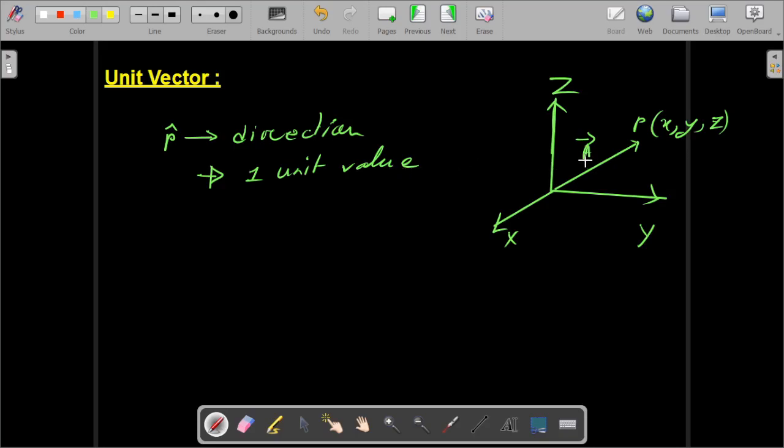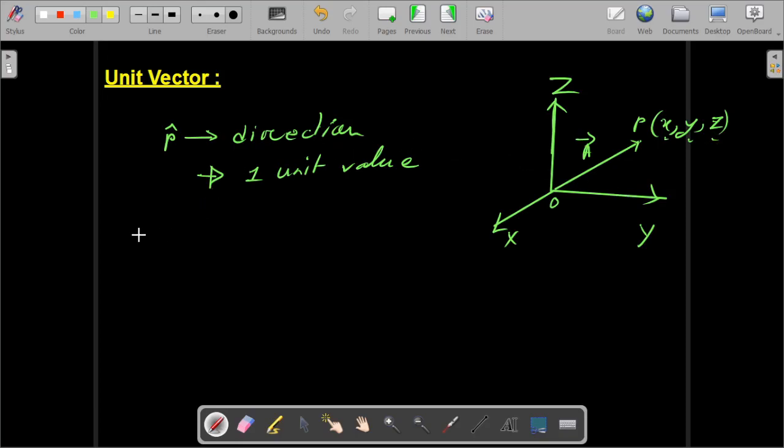Suppose we are given one position vector, the point P. This position vector is A. Suppose the point is here. The displacements in the direction of x, y, z axis are respectively x, small y, and small z.